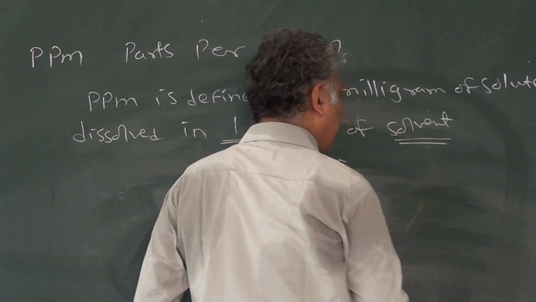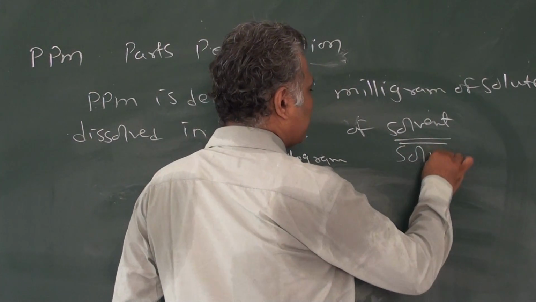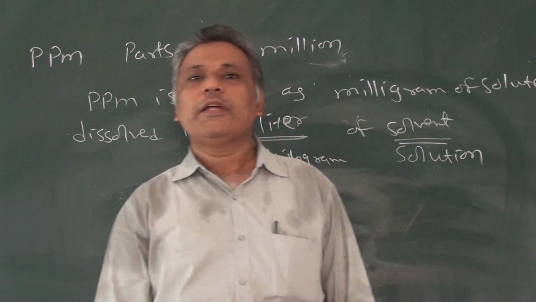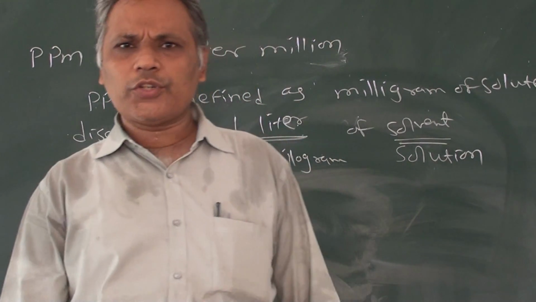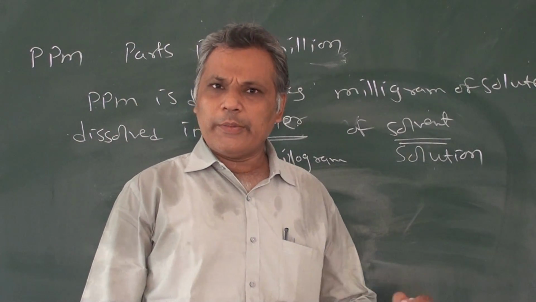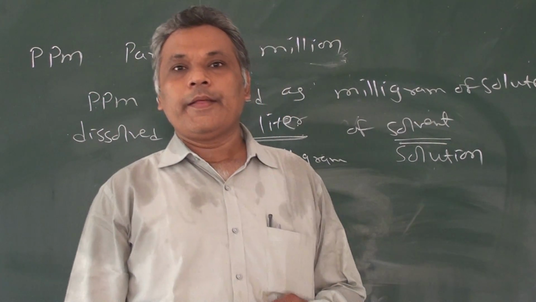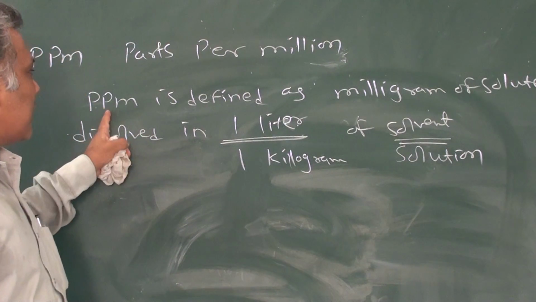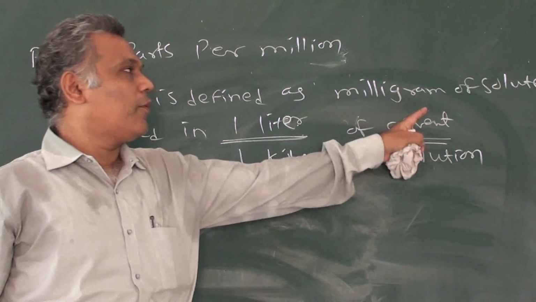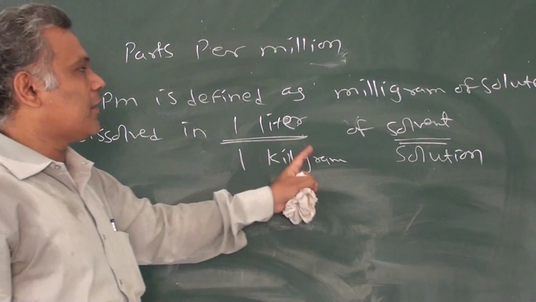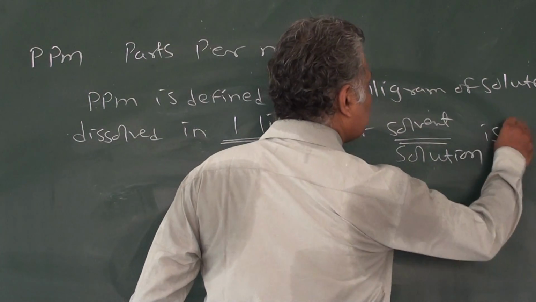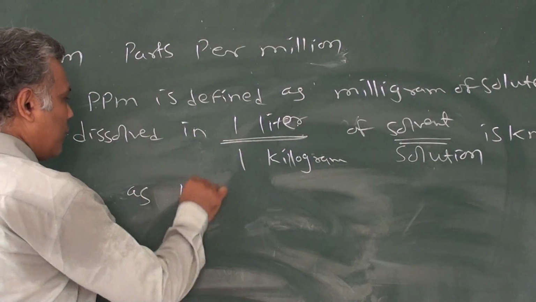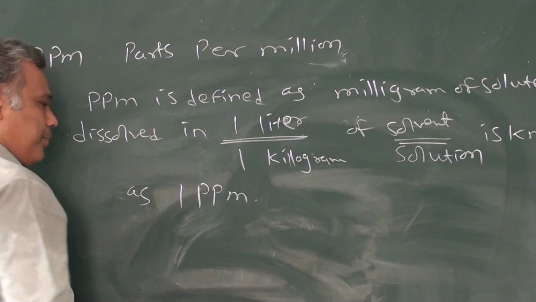or here we can also use the word solution, because the quantity of the solvent and solution, as we already saw in the percentage of W by V, is remaining the same. So parts per million is defined as milligram of solute dissolved in a liter of solvent is known as 1 ppm.